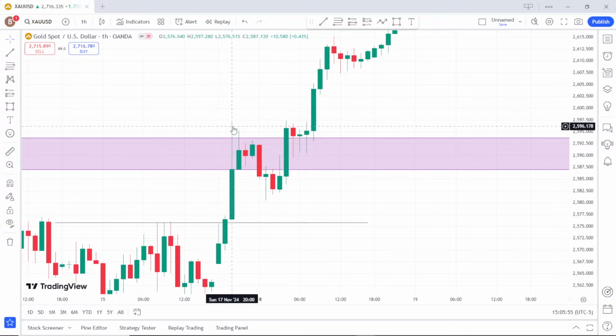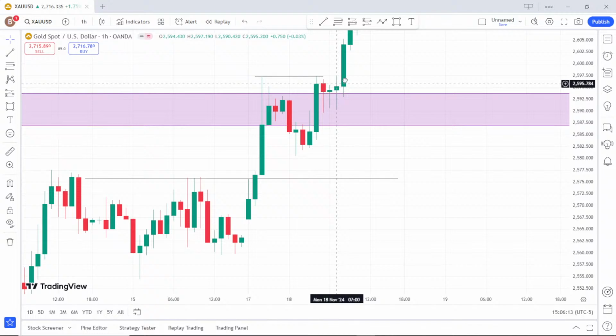This high is 2,597.280 and the high is 2,597.350. They took out this particular high, but it's so neat. But they took it out. So obviously I'm not expecting gold to go down more. So I just expected this retracement.